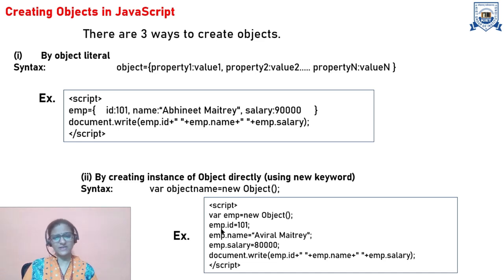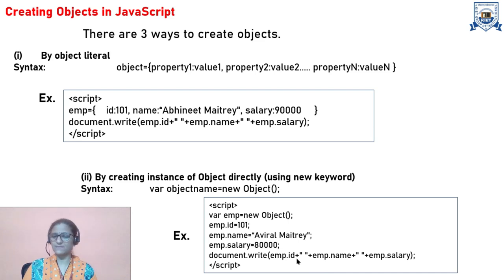So we have taken here emp.id equal to 101, then emp.name, its value, Abhineet Maitre, emp.salary, we have provided the value, and then finally we will display the result like this. Because all the properties and all the methods of an object are not used directly. They get used with the help of their object name.